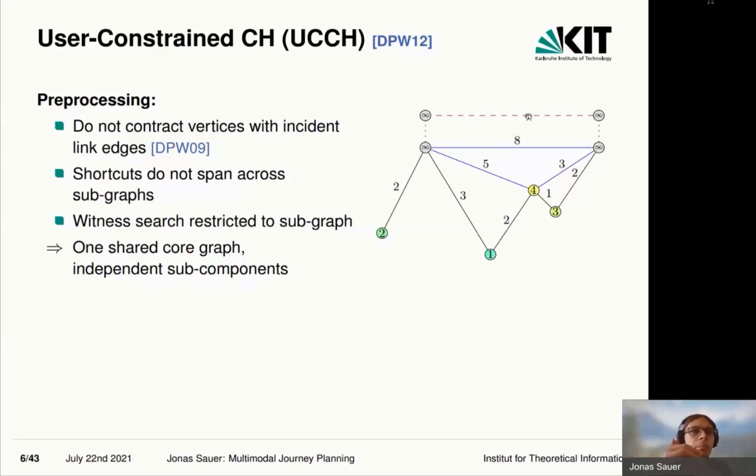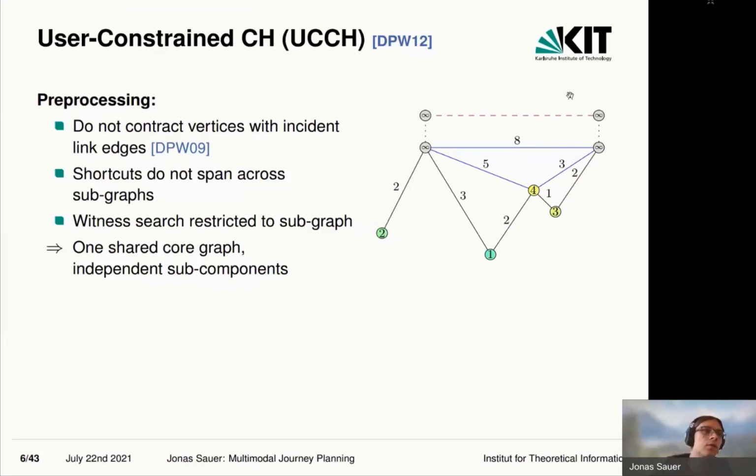Let's be a little more specific. If we say that we don't contract certain vertices, then at a certain point our shortcut graph will become so dense that the contraction becomes slower and slower. So we will be left with a small core graph which remains uncontracted, but which is much smaller than the original graph. And we do that for each mode.